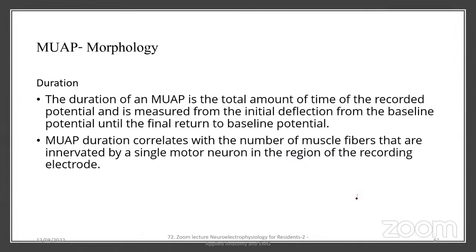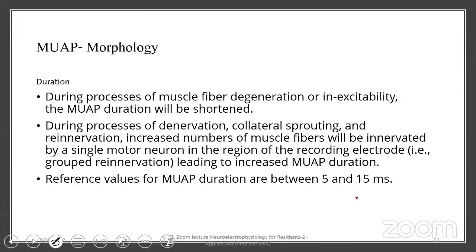The duration of MUAP is the total amount of time of the recorded potential and is measured from the initial deflection from the baseline potential until the final return to the baseline potential. I'll show you the diagram. MUAP duration correlates with the number of muscle fibers that are innervated by a single motor neuron in the region of the recording electrode. During processes of muscle fiber degeneration or inexcitability, the MUAP duration will be shortened.